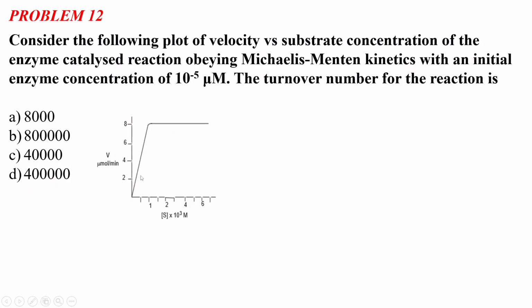Okay, so this is the graph. With the initial enzyme concentration at 10 to the power minus 5 micromolar, you have to find out the turnover number of the reaction. Please try to solve the problem. I will gradually show you the answer and how it is solved.